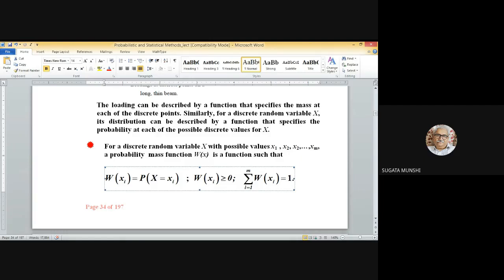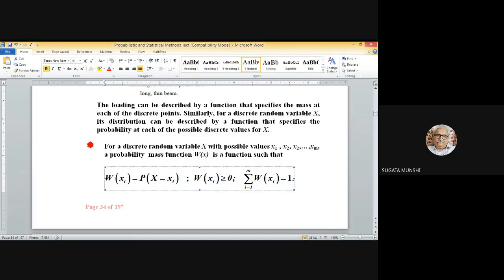All right. So you are asked to find out what will be the probability of capital X equal to small x3, which is not provided to you.